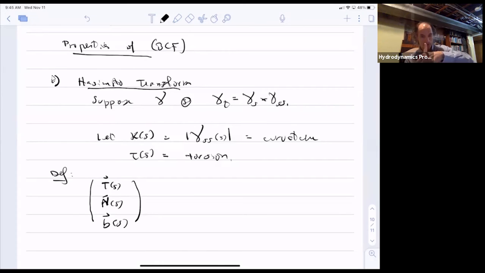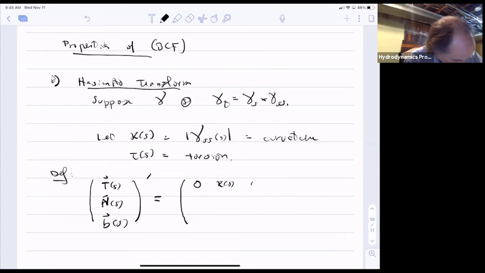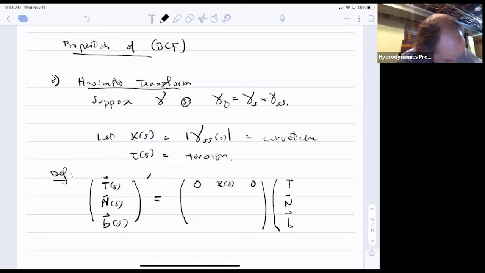It's a function of s. If I differentiate this, by definition the derivative of the tangent is kappa times the normal.